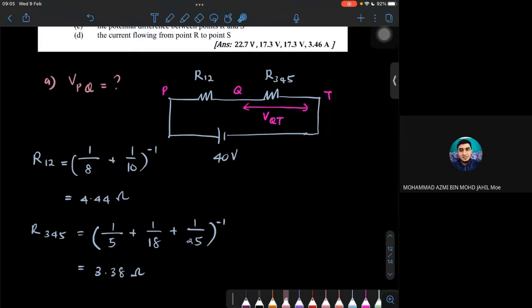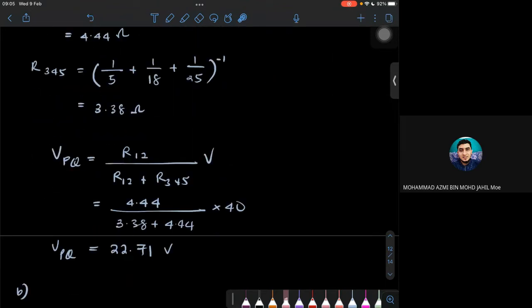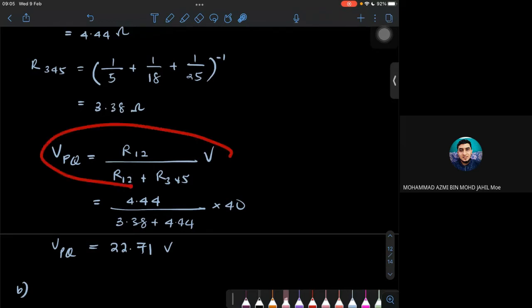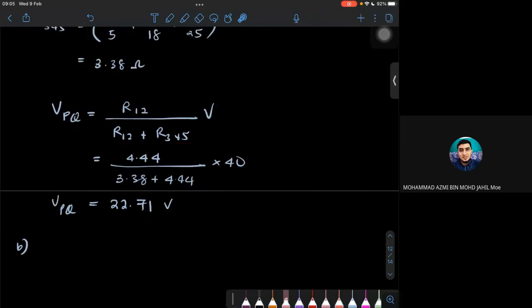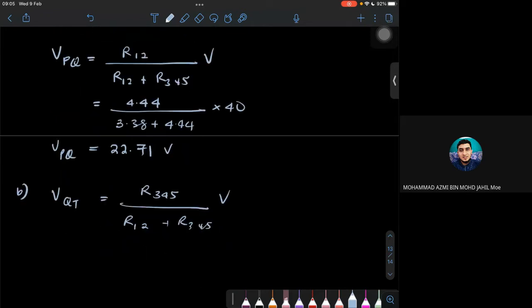Kita boleh guna the same method, potential divider here. So just tukar je lah kan dekat sini because you want to find the voltage across 3,4,5. So VQT will be equal to R345 divided by R12 plus R345 times with V.